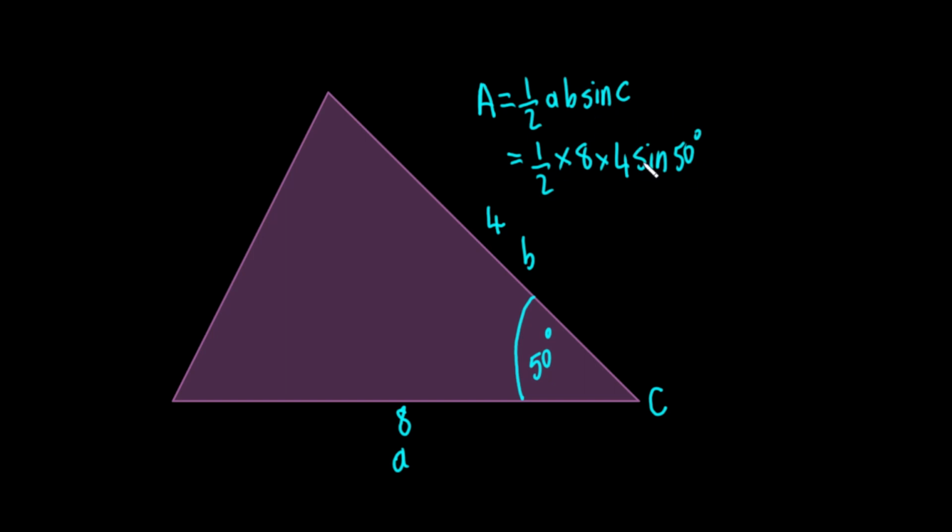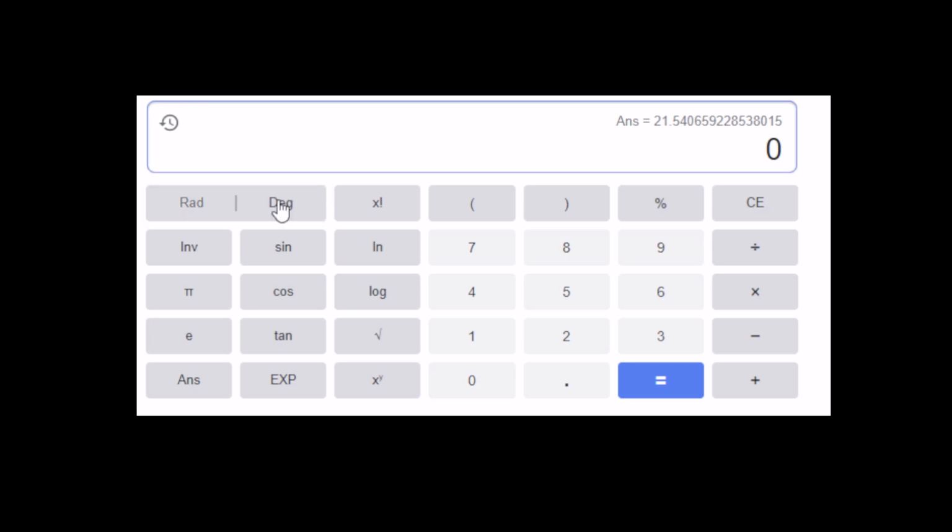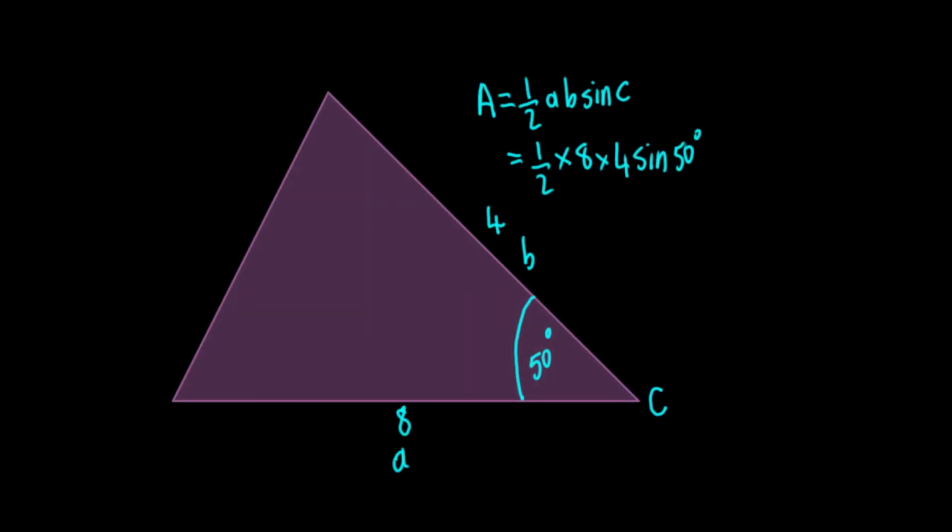So we'll put these values into the calculator and we'll see what the result is. So make sure your calculator is in degrees, and the answer is going to be 1/2 times 4 times 8 times the sine of 50 degrees. And that gives us an approximate answer of 12.257. So the area is equal to 12.257 square units.